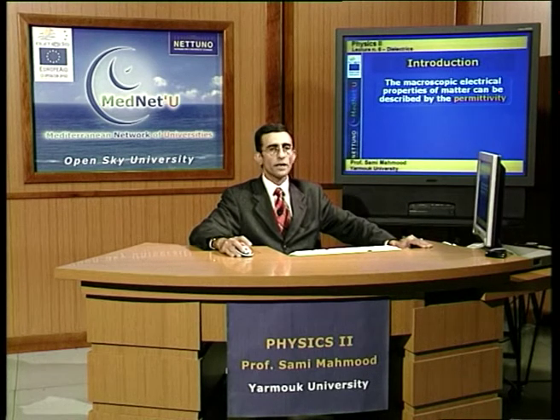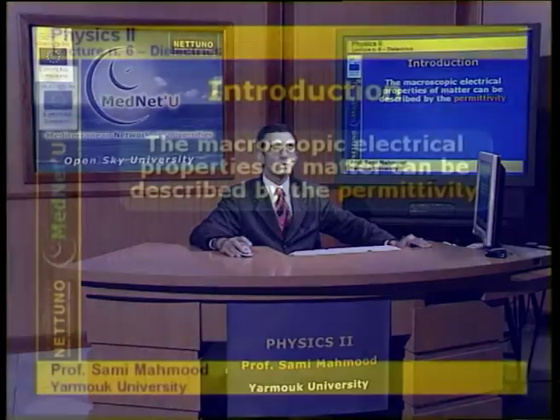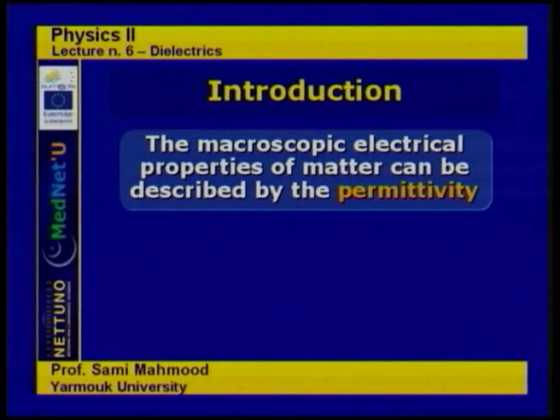The macroscopic electrical properties of matter can be described by the permittivity of the material. The permittivity of the material, epsilon, is defined as the dielectric constant K times the permittivity of free space.